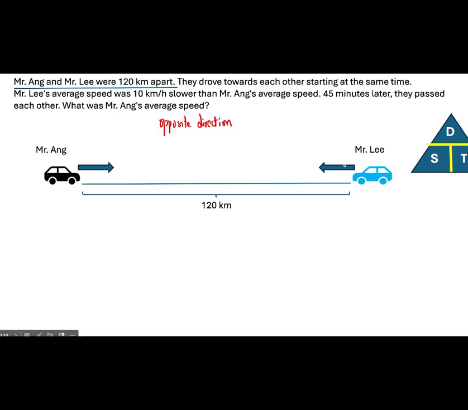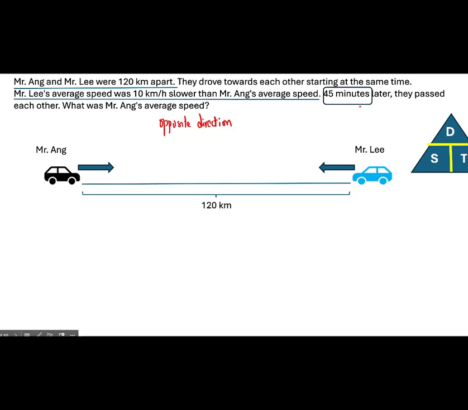So totally together, they are covering this distance, which means we add up their speed whenever you want to find something here. Now, in this case, it is shown that Mr. Lee's average speed was 10 kilometers per hour slower than Mr. Ang's average speed. So he is slower than this. But before that, 45 minutes later, they passed each other. What was Mr. Ang's average speed?